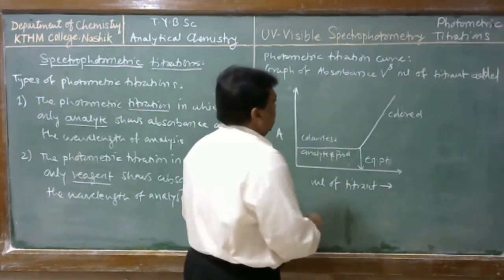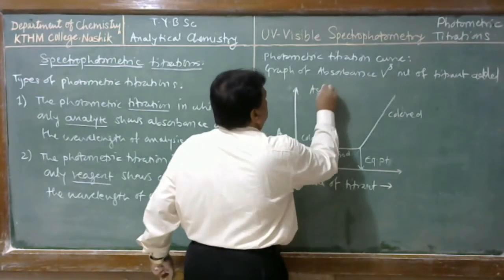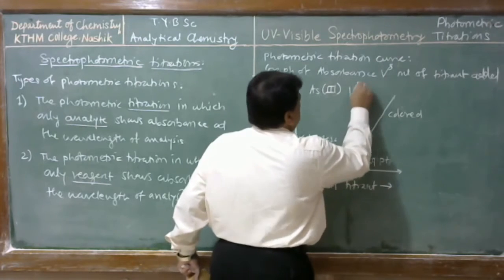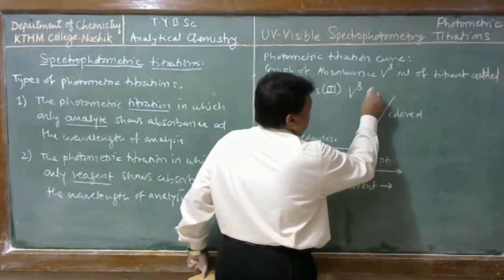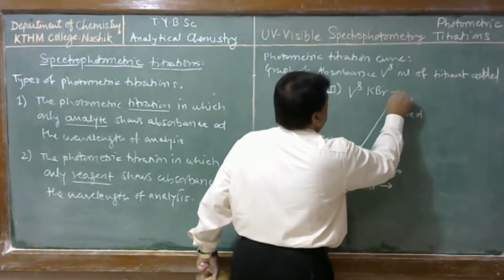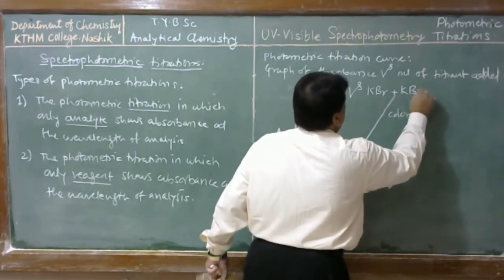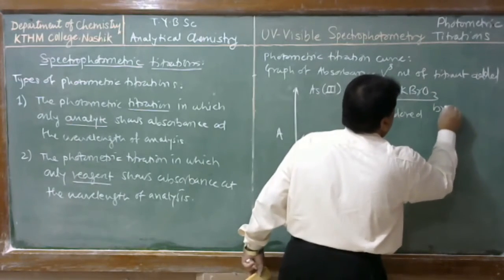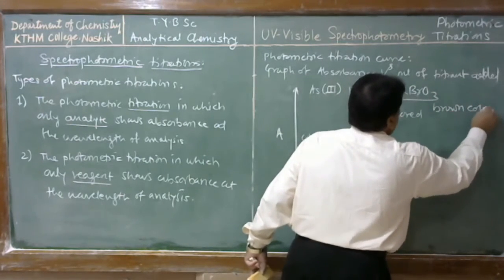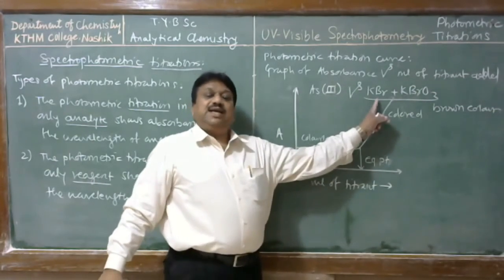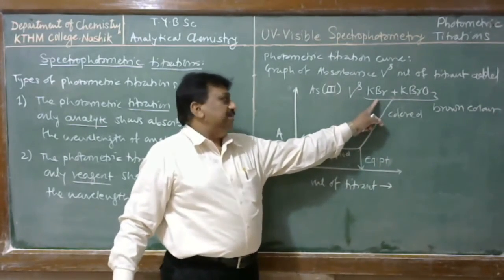Here in this case, arsenic(III), when it is titrated with bromide solution, that is KBr plus KBrO3, this is an oxidizing mixture with a brown color, and the wavelength is selected at which this brown color shows absorbance.